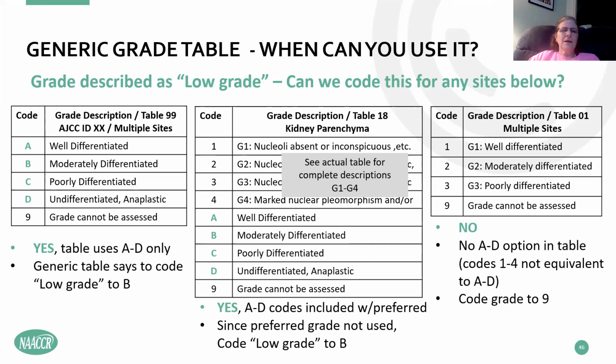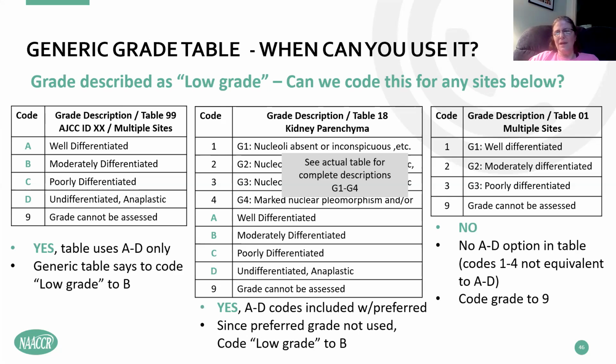Okay. The table in the middle is from kidney, and not everything is here because we were running out of space, but you can see it has preferred codes 1, 2, 3, 4. Remember, the numerical codes take priority over everything else, but it also has the A, B, C, and D codes.